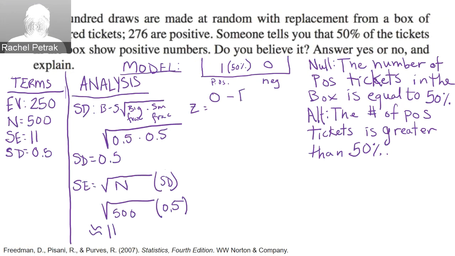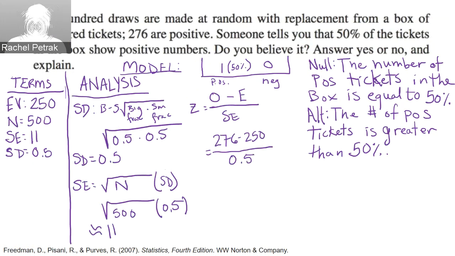Observed minus expected over the standard error. Our observed value is 276. The expected value is 250. And the standard error was 0.5.